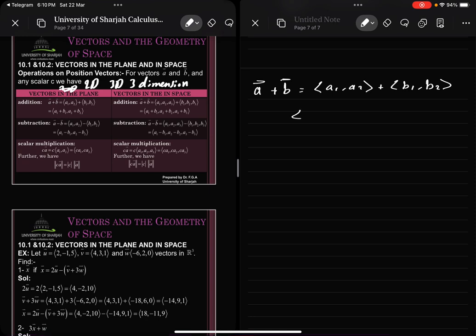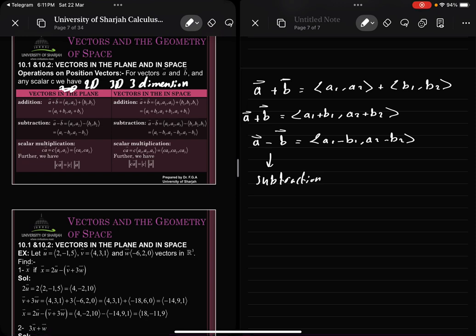It will be A1 plus B1 and A2 plus B2. This is for A plus B. If we have A minus B, it will be A1 minus B1 and A2 minus B2. So this is subtraction and addition.